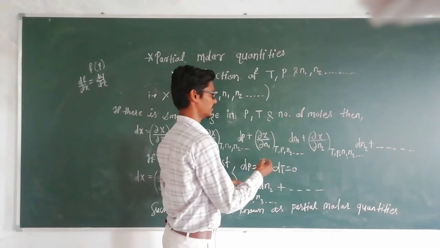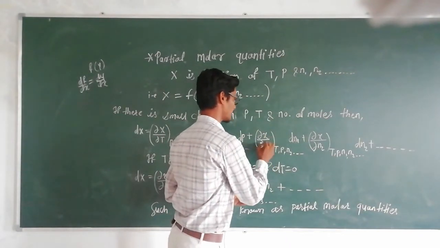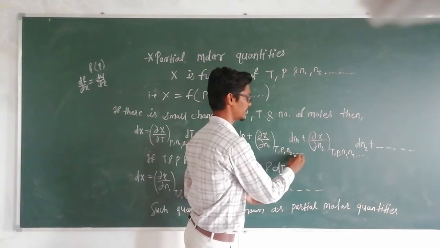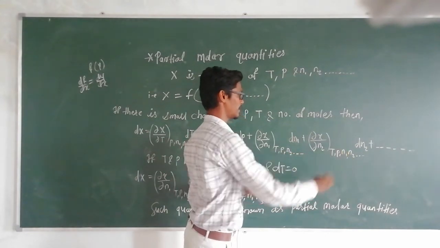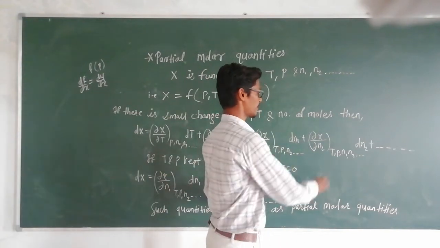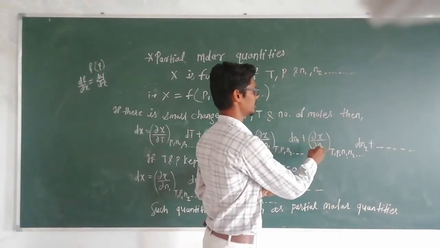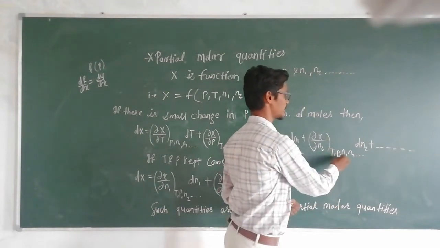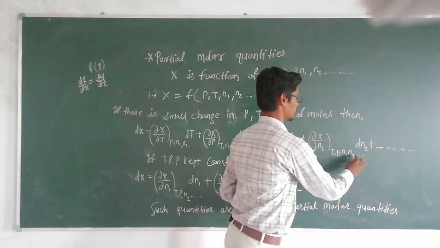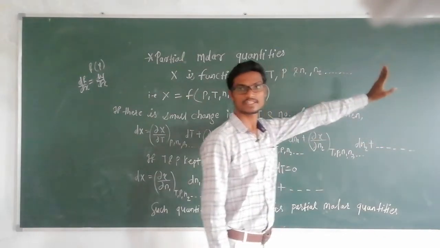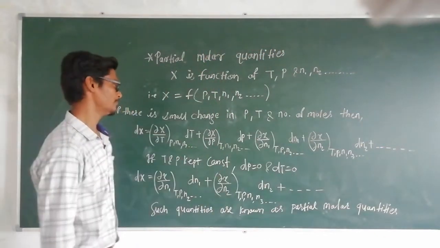The third term is written as delta x by delta n1 at a constant temperature, pressure and n2, n3 and the remaining numbers of moles. For the fourth term we write delta x by delta n2 at a constant temperature, pressure, n1, n3 and the remaining quantities, and this series goes up to the nth term.